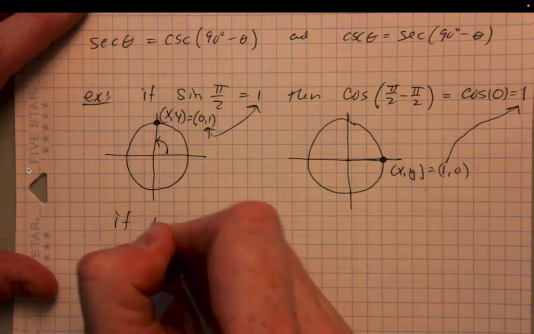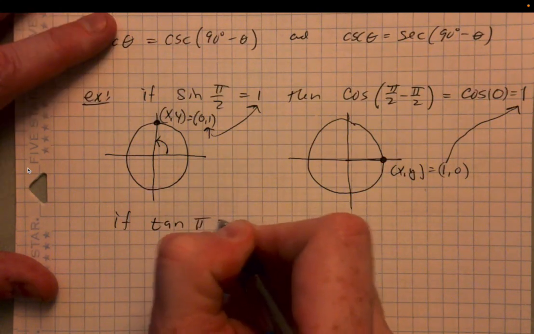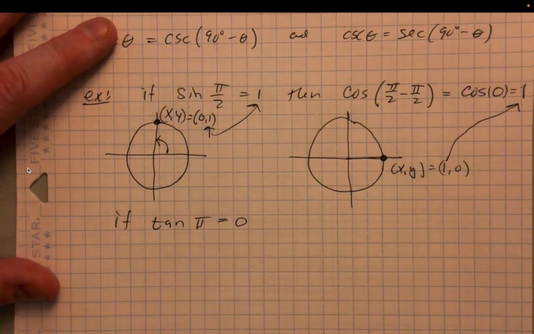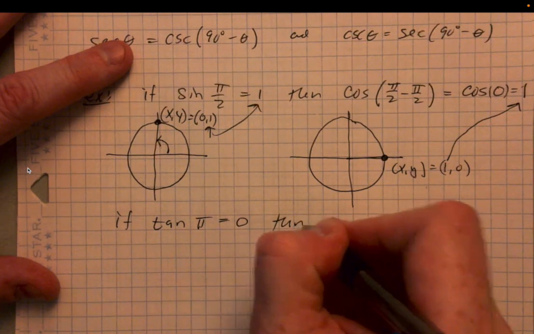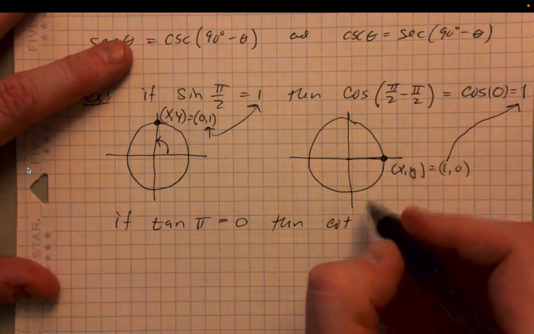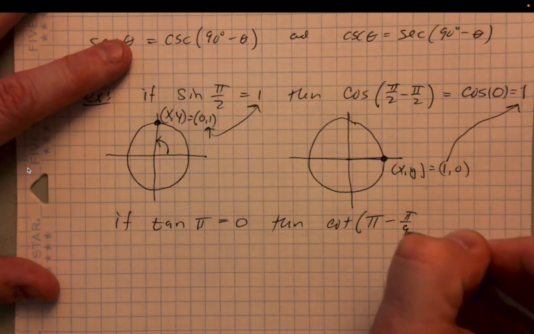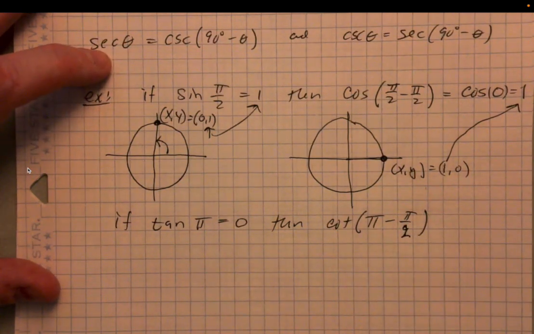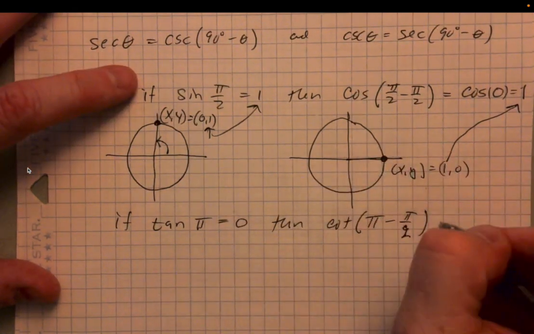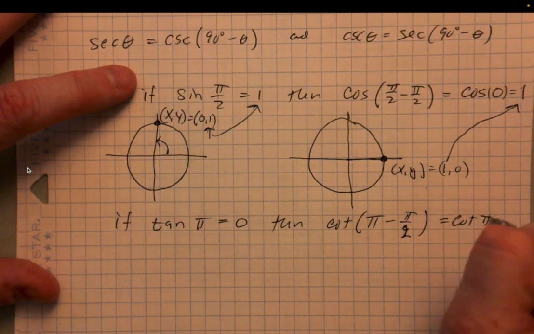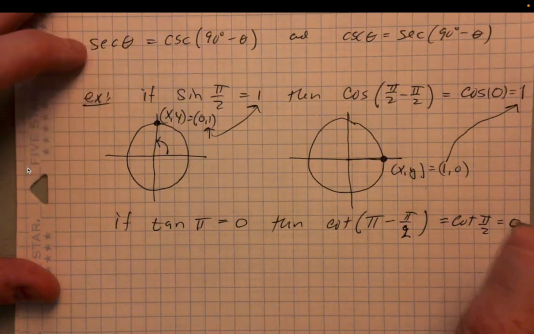Right, we can do the same thing with the tangent. If tangent of pi is equal to 0, then cotangent of pi minus pi over 2, okay, is equal to cotangent of pi over 2, which is also 0.